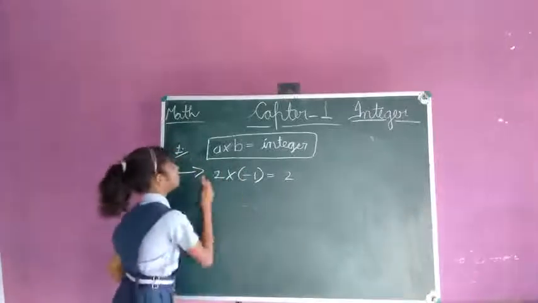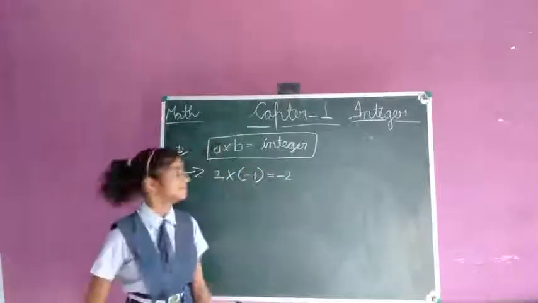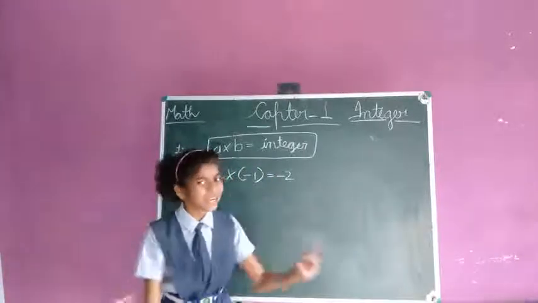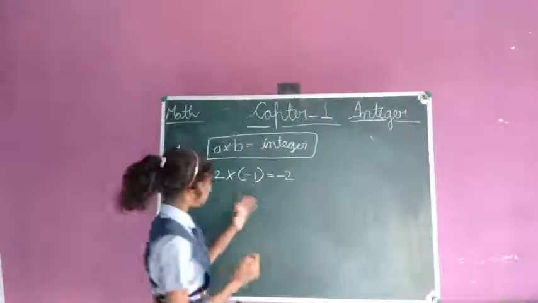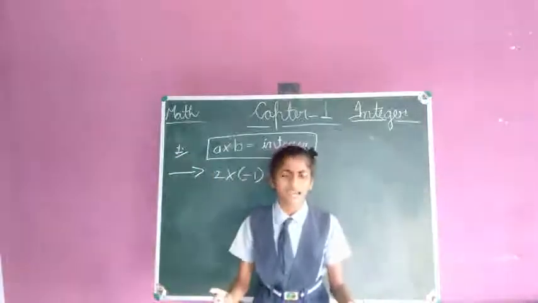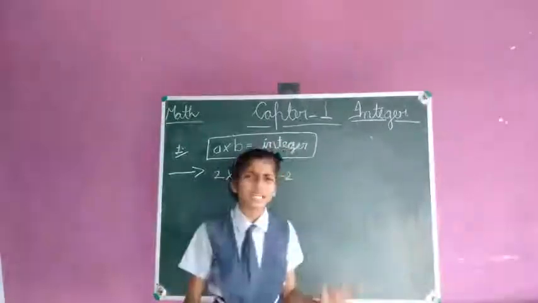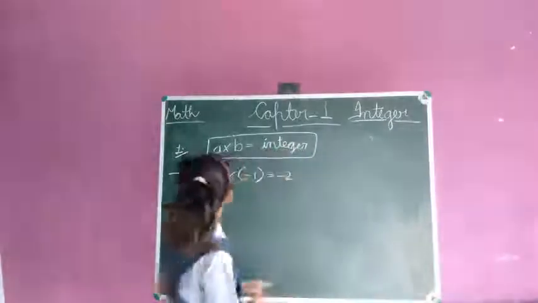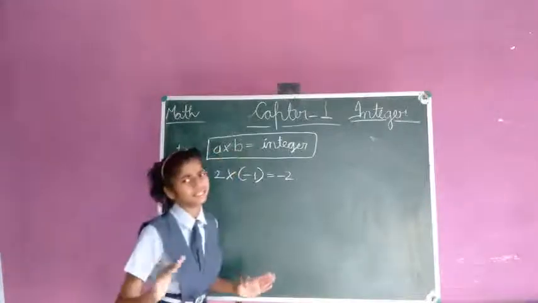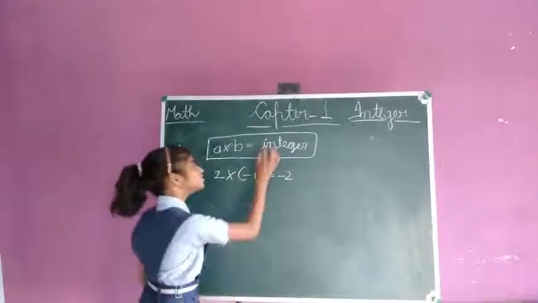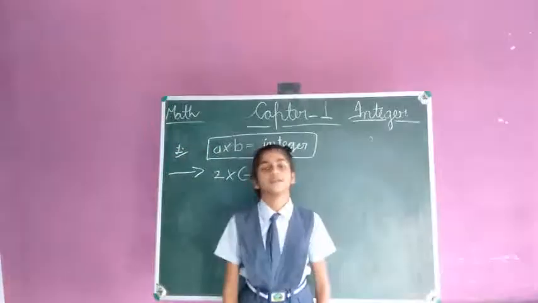Then we will use the negative sign. So the answer is minus 2. Okay. So I think, friends, you understand closure property, but let me tell you again that the closure property simply means that if A is an integer and B is an integer, if we multiply both of them, the answer, meaning the product, will also be an integer. Okay?